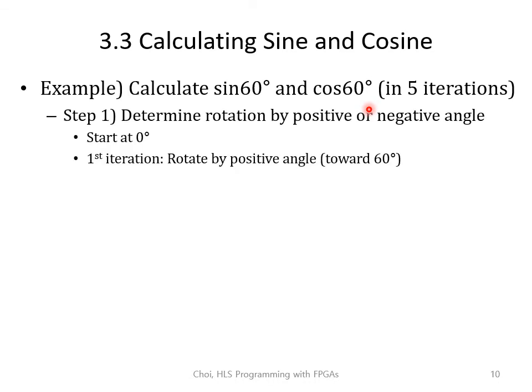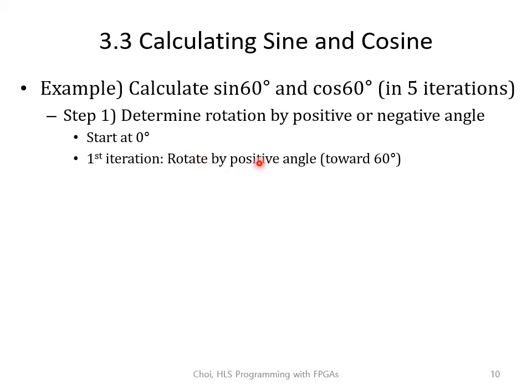As the first step, we need to determine if we are going to rotate by a positive angle or by a negative angle. We're going to start at 0 degrees, and 60 degrees is at a positive angle compared to 0 degrees. So we are going in the positive direction in the first iteration.